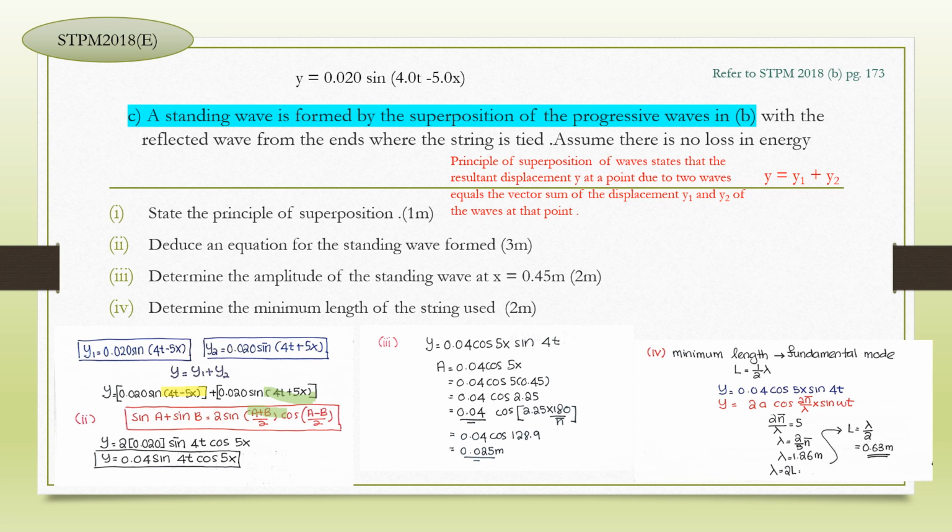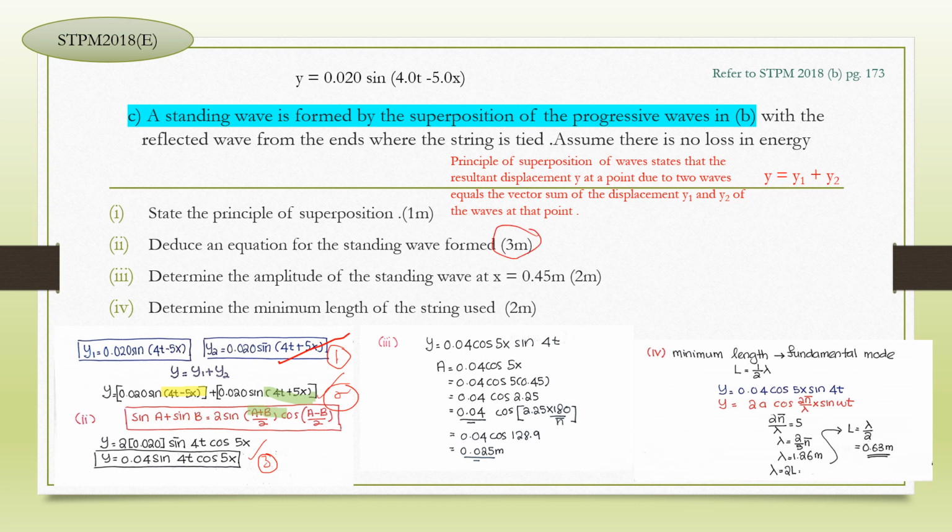First, I know the second progressive wave, number 1. Number 2 is my maths for solving the principle of superposition, and number 3 is my final answer. All right, so that will form 3 marks here.